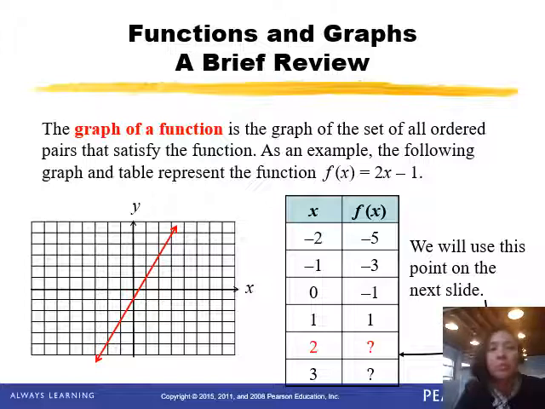So last week, in week 1, it was a very long class. We talked about functions and graphs, and we reviewed linear functions, which is what we see here on this slide. We covered quadratic functions, cubic functions, absolute value functions, square root functions.